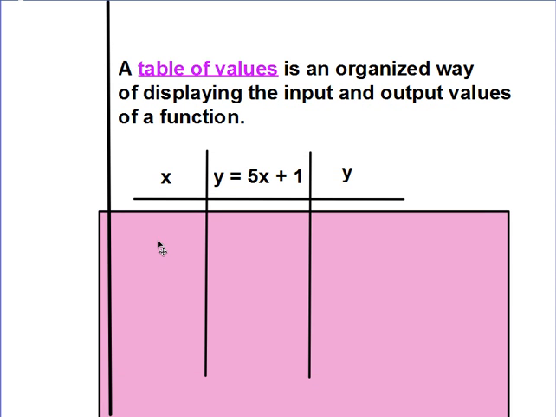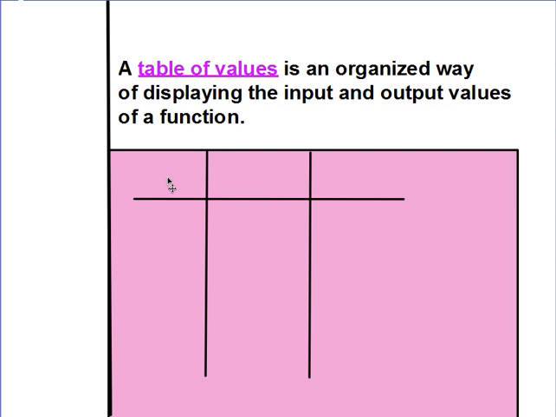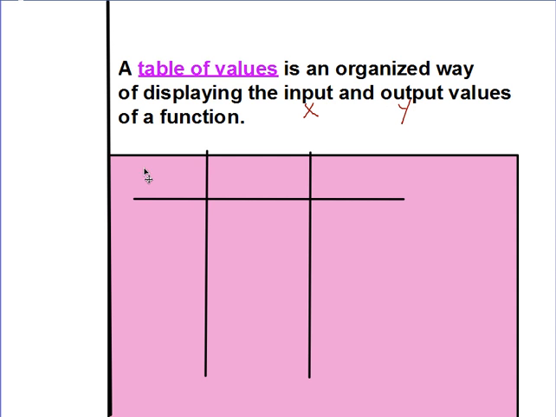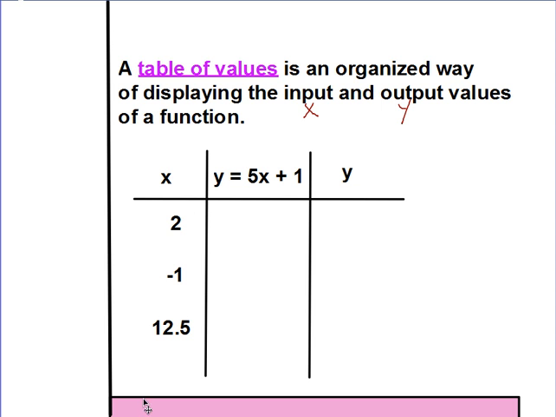Let's talk about a table of values. A table of values is an organized way of displaying the input and the output values of a function. So the independent and the dependent variables, or again, the x and the y values. What you're going to be given is a list of x values, which represents your input. And what you're going to be doing is you're going to be inputting these in for x and for the independent variable.